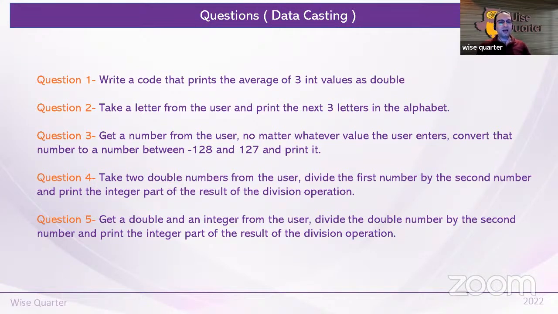If the user enters B, according to the B, the code will write the 3 letters after it, CDE, I think. So the user will enter a letter, and we will print the next 3 letters in the alphabet.